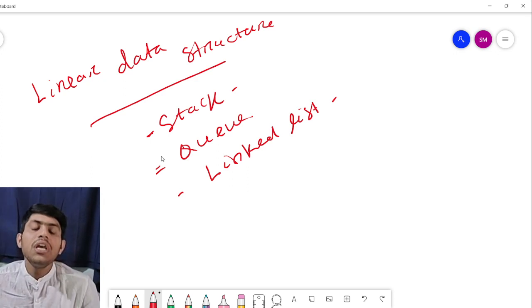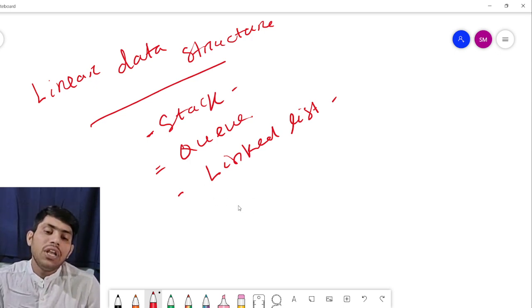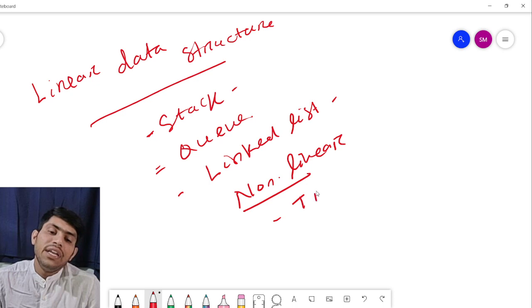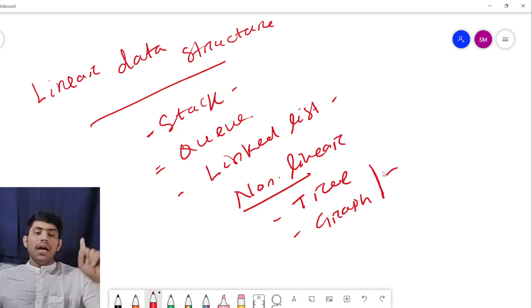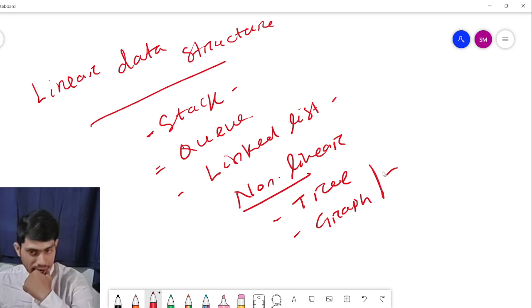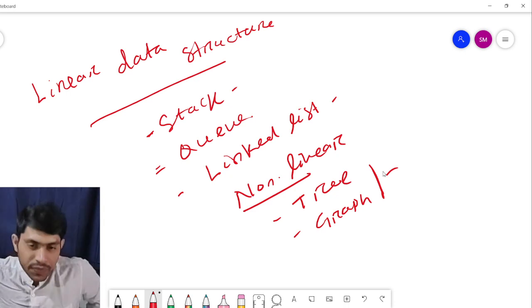So these three come under the linear data structure part: stack, queue, and linked list. And in the non-linear part, tree and graph. These two come under the non-linear part, and stack, queue, and linked list come under the linear data structure part. I think everyone is clear.